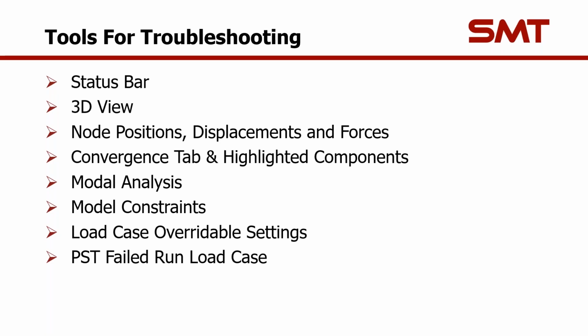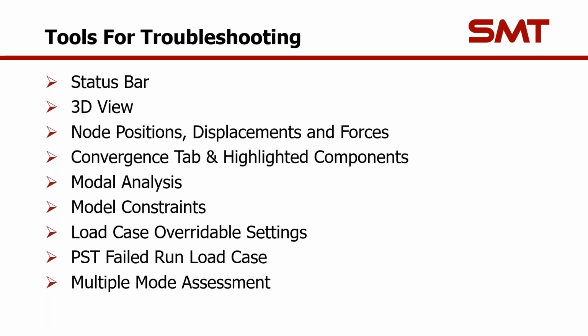We're going to have a look at the parametric study tool and how to find out what the problem is with your parametric study and the different ways that you can get into the load cases that have failed. And also it's worth noting that if your problem in MASTA is in a mode, in an advanced analysis mode, then the problem may be lying further back down the line.